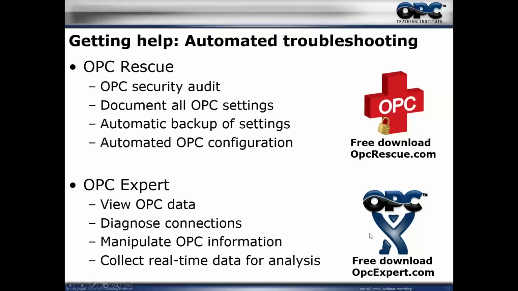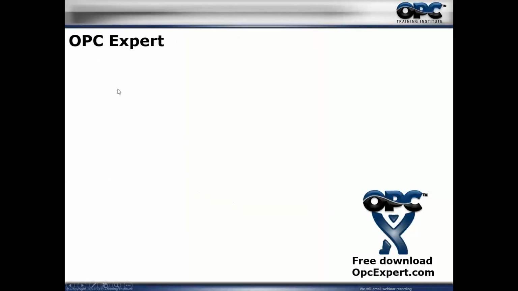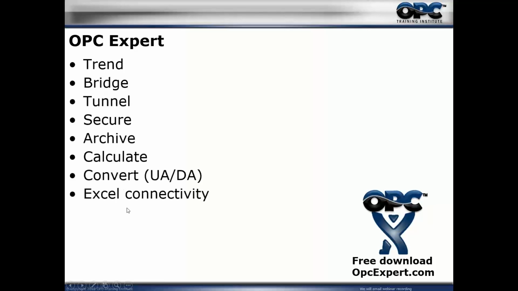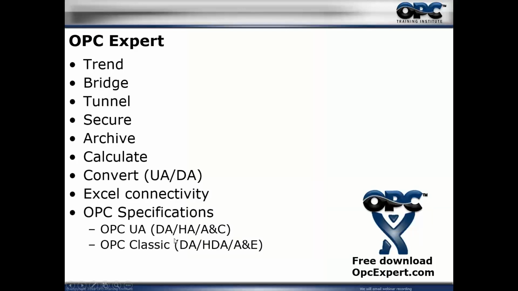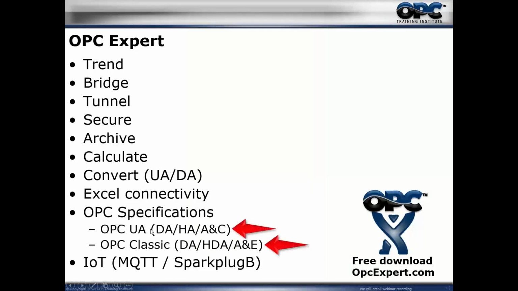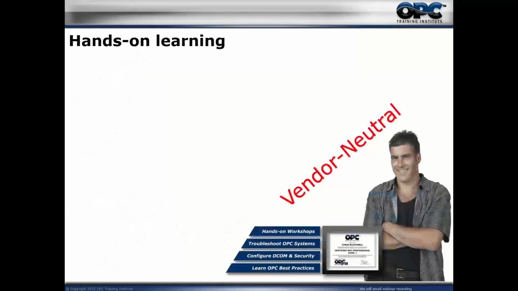Everything I've shown you here, you can actually run yourself. You can trend data, you can bridge data, you can do tunneling and so on. So there's quite a bit of activities that you can do. And in this case, what we showed was the OPC specifications, UA and OPC Classic, and also the trending.